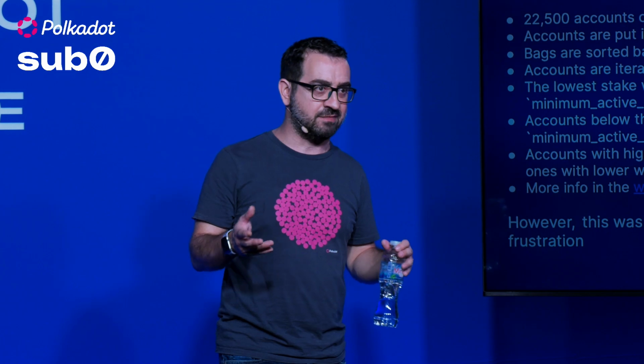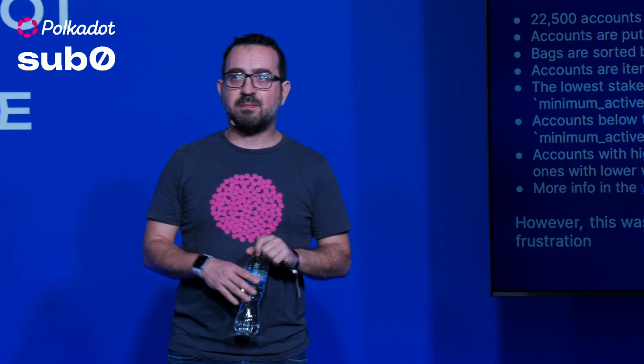Very good question. The first iteration was the simple one: sort all the accounts in the bag. I thought the first run would cost a lot, and it did, like 11 DOT in fees. But I thought that after that we would probably not pay much, because you have only a couple of accounts. What I did not account for are the rewards.